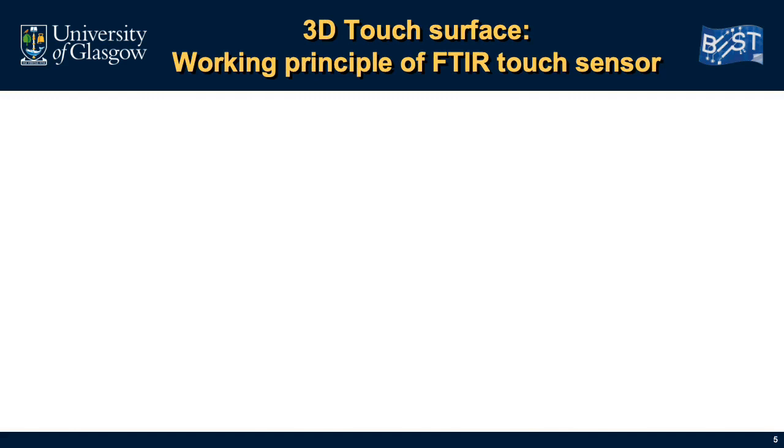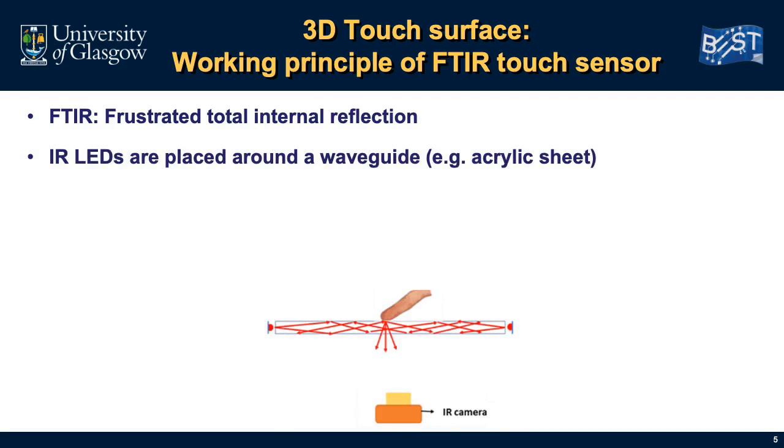We refer to our approach as 3D touch surface, and it is based on the frustrated total internal reflection principle. For FTIR touch sensing, we begin with a waveguide, in this case an acrylic sheet, with infrared LEDs placed at the edges.